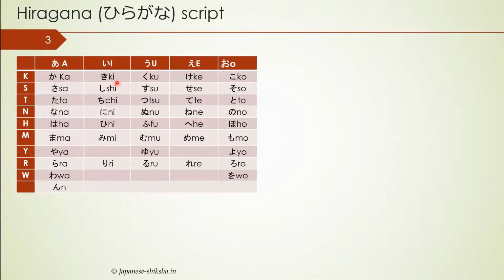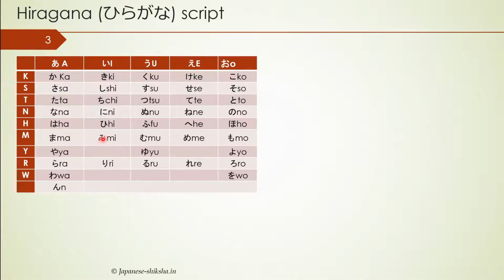Ka, ki, ku, ke, ko. Sa, shi, su, se, so. Ta, chi, tsu, te, to. Na, ni, nu, ne, no. Ha, hi, fu, he, ho.